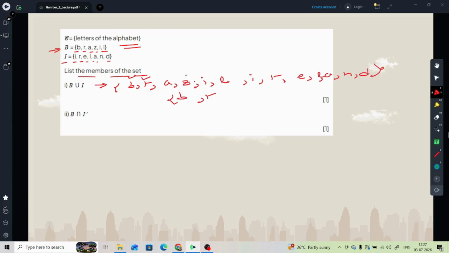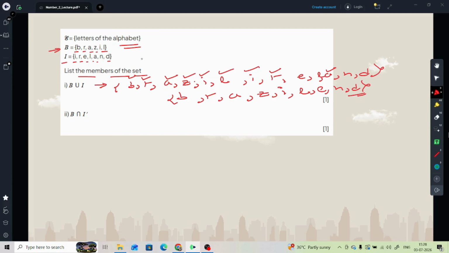R is there two times. A is there one more time. Z is only one time. I is there two times, so we'll write it one time. L is only one time. Then E is there, N is there, D is there. So this is your answer.